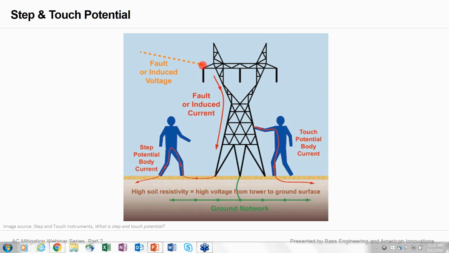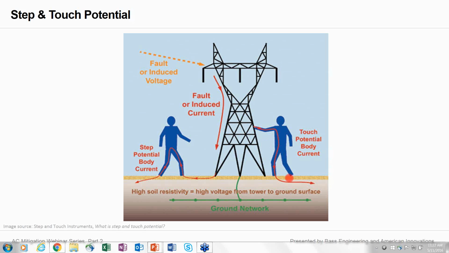Now that tower is designed to move that energy to ground very, very quickly. So in the case of touch potential, if the gentleman on the right were to be touching that tower at the time that the lightning strike happened, it's entirely possible that some of that energy would choose his body as a path to dissipate that energy.